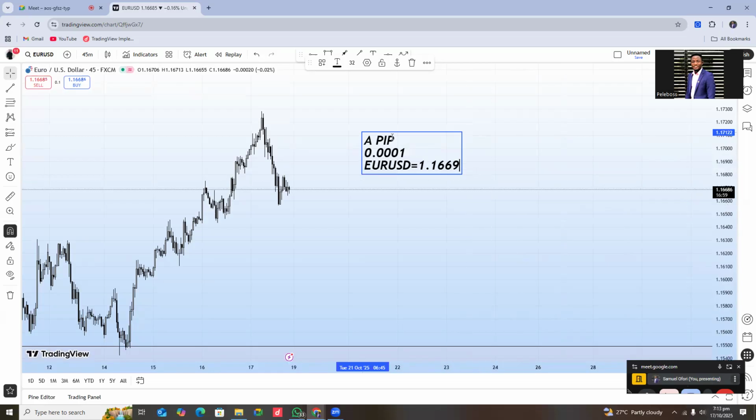And remember I said the pip is equal to 0.0001. What it means is that if this value, what we have here, 1.1669, changes to 1.1670, it has changed by 1 unit.